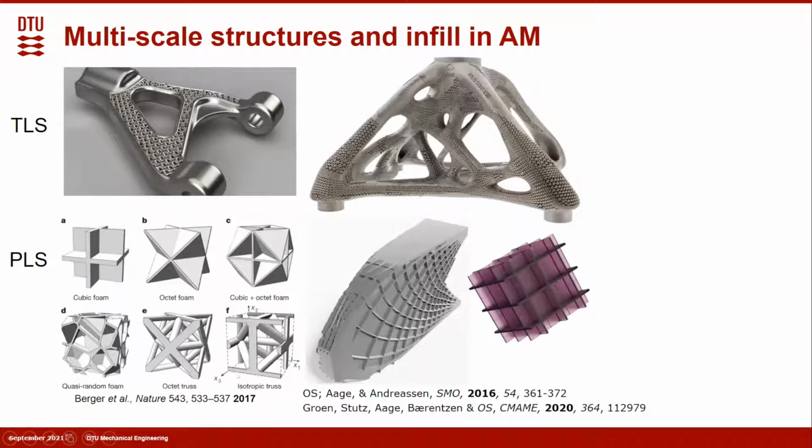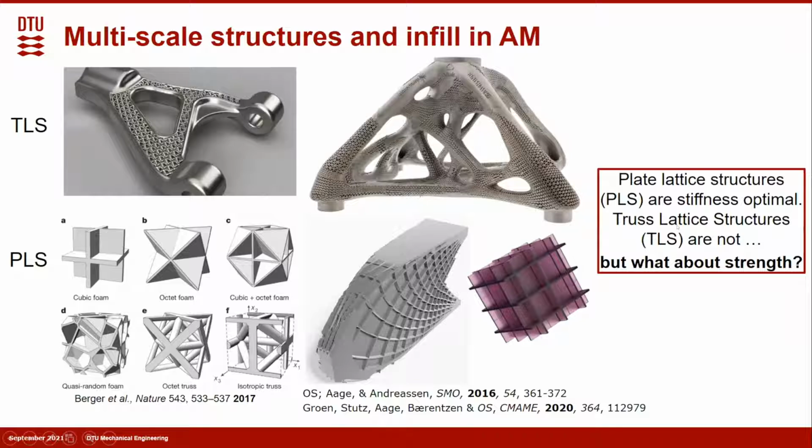Open wall truss lattices show more inferior performance in terms of stiffness. And recently, my colleague managed to use optimization to obtain nearly stiffness optimal multiscale structures using these open wall microstructures. All this study has proved plate lattice structures are stiffness optimal, while truss lattices are not.